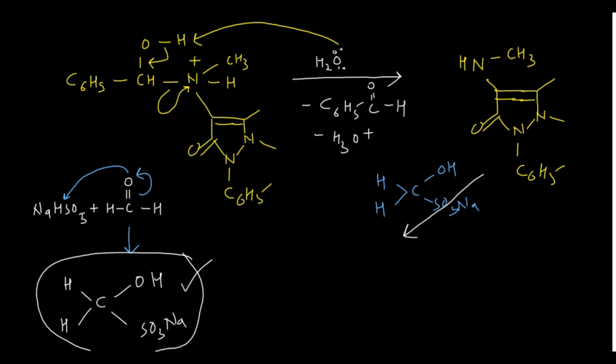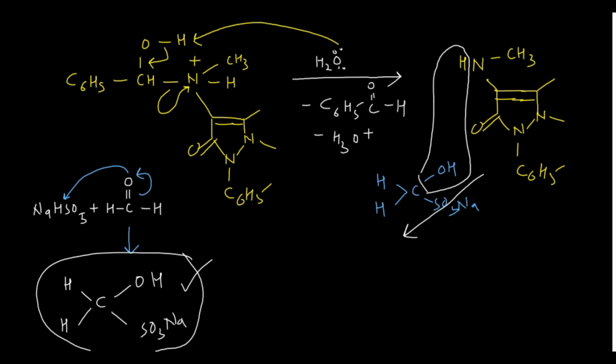Now what will you have as your final product? This OH negative will grab this hydrogen here and we will eliminate the water molecule, and the entire system will join with this nitrogen atom. Because this oxygen is very electronegative when compared to the carbon, when the reaction happens, this part will go with this electron pair and this will come as the H positive.